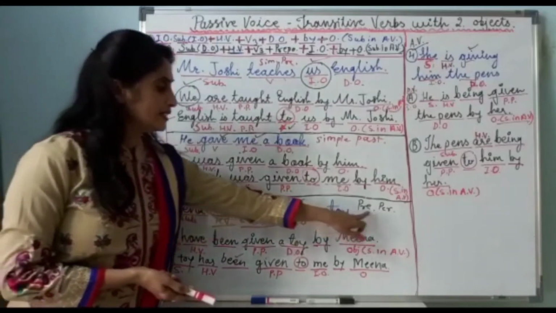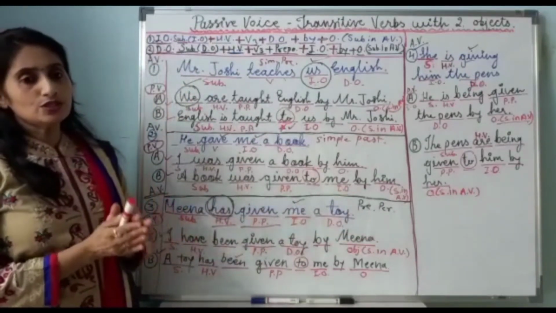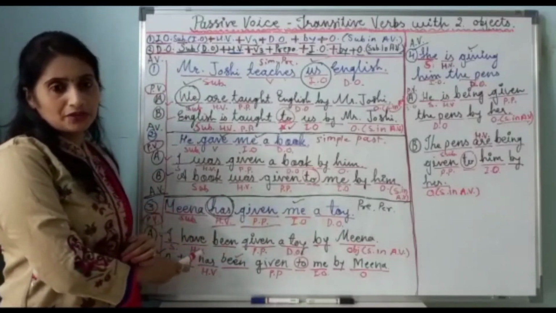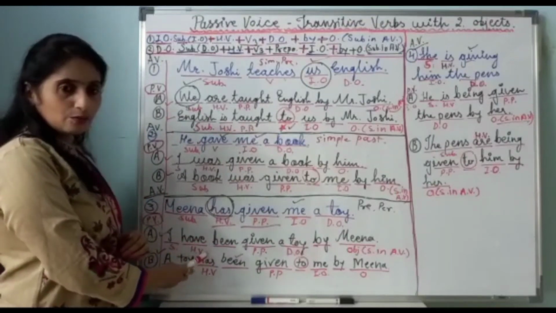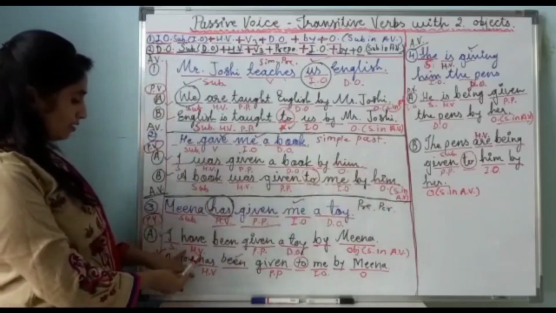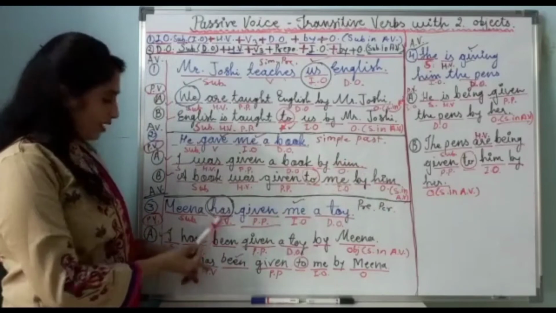As the sentence is in present perfect tense, we have to make use of an appropriate helping verb here. So what should be here? I have. The sentence is in present perfect tense, and so here the helping verb used is have.